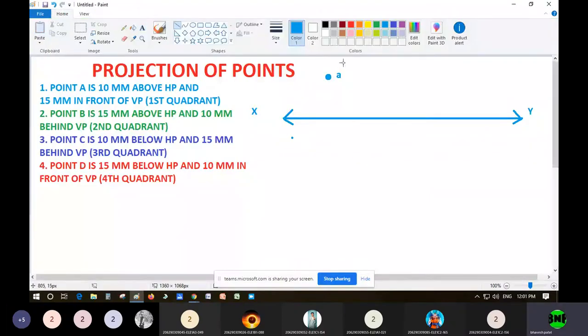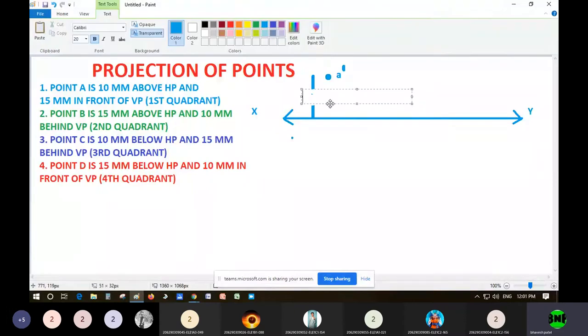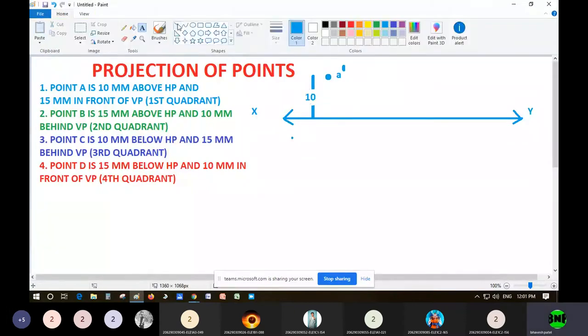This is 10 mm above, so you have to give the dimension. Let me write it here, 10 mm. Right? So this is 10 mm.